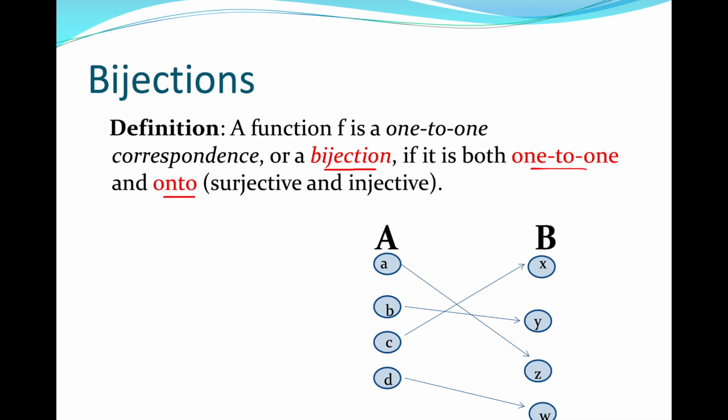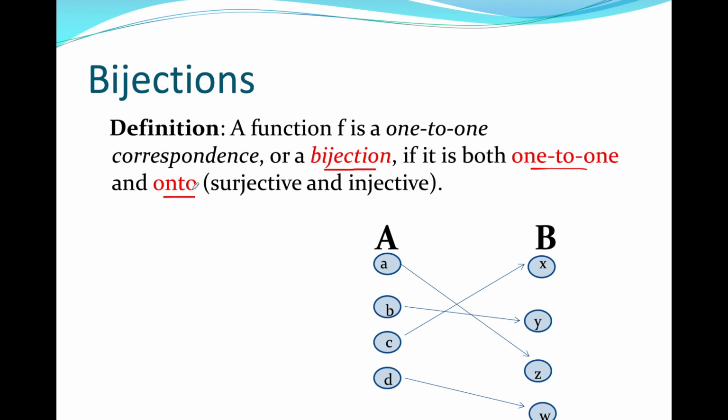Like in this case, you have to check whether this function is 1-to-1 or not. You can see that all the elements in A are connected to an element of B, so the first condition for 1-to-1 is fulfilled. The second thing you have to see is that every element is connected only once to B, so it is 1-to-1.